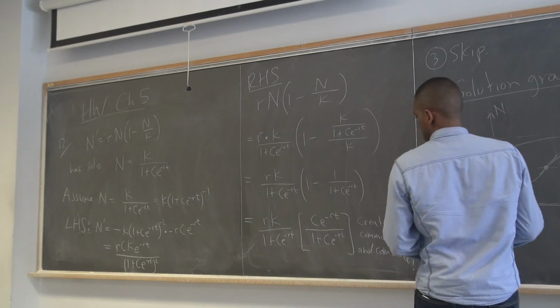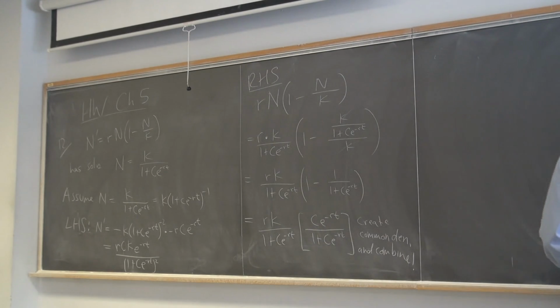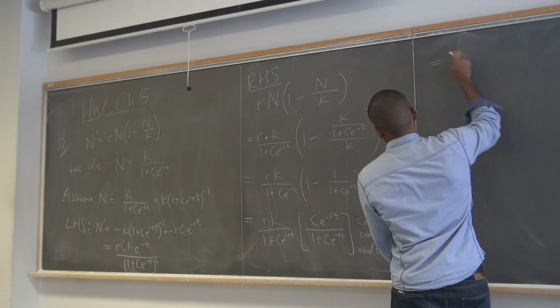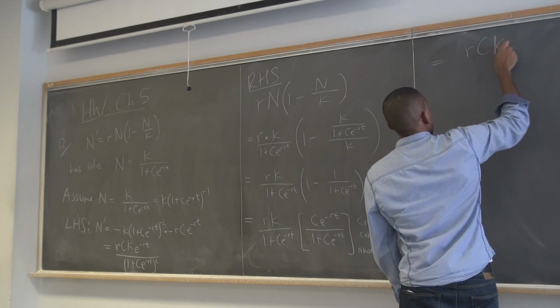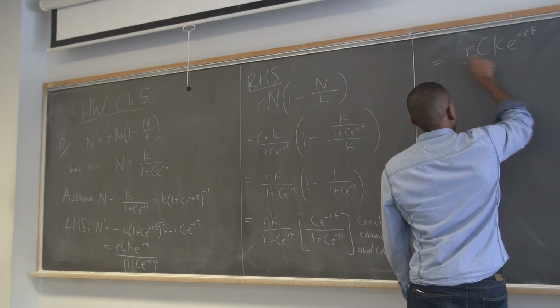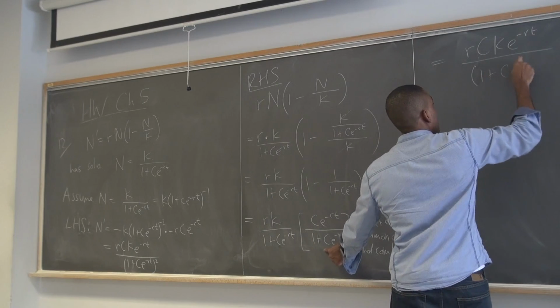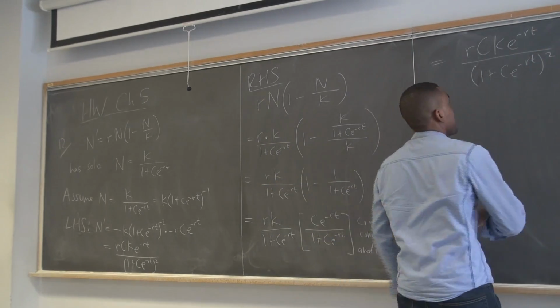And now I would just multiply those. So this gives me RCK e to the minus RT divided by this times this, which is the same thing, so that's just squared. And that's that guy.